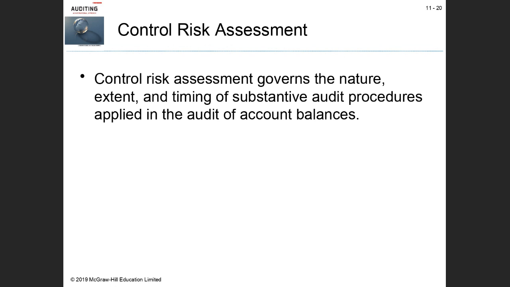The reason they have to assess control risk is that control risk affects detection risk. By detection risk, we're referring to the amount of substantive procedures that auditors must perform. So the auditor decision around the level of internal control risk affects the nature, the extent, and the timing of the substantive procedures that the auditors perform.